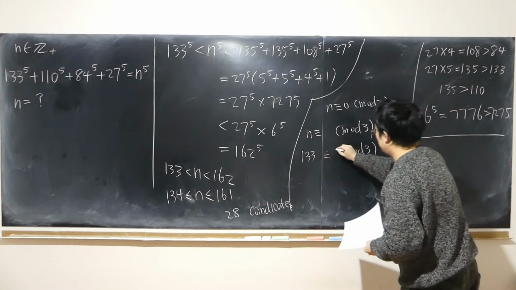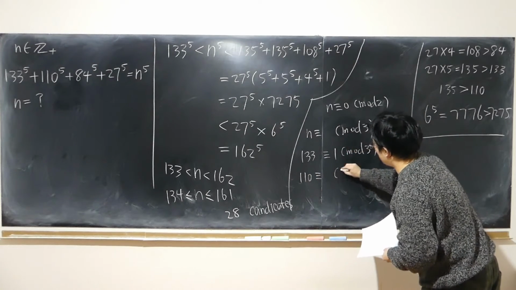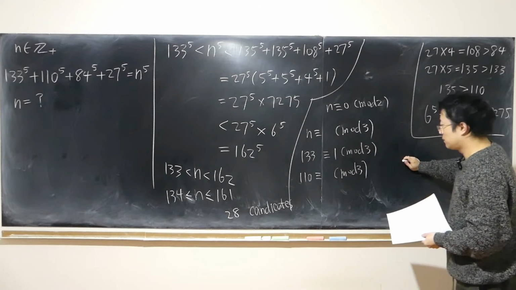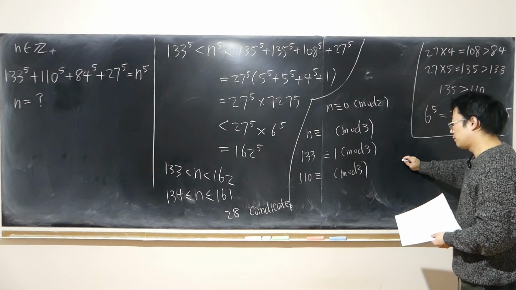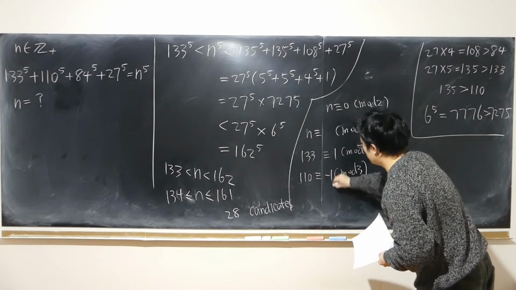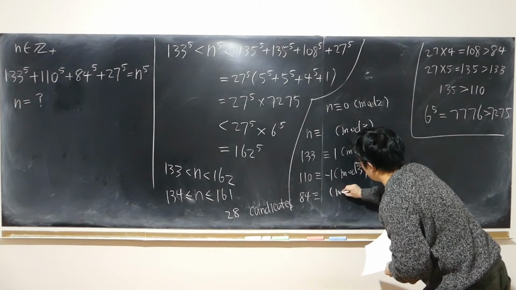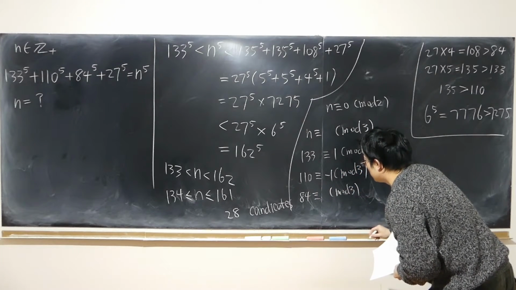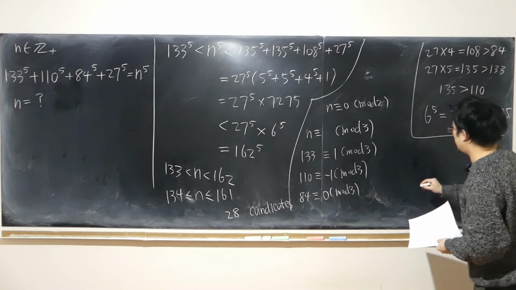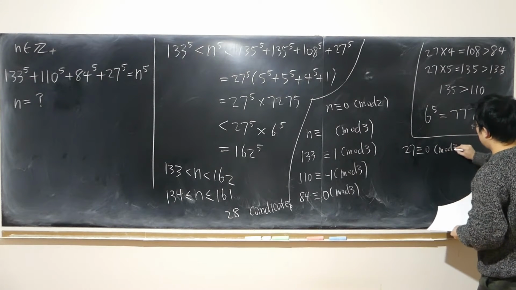I think the remainder is 1. 110 divided by 3, I think it's 2, in other words, negative 1. 84 is congruent to 0, divisible by 3, obviously. 27 is also divisible by 3.